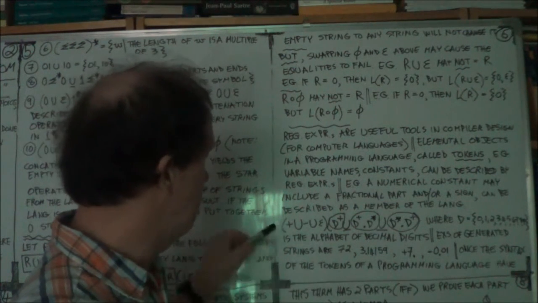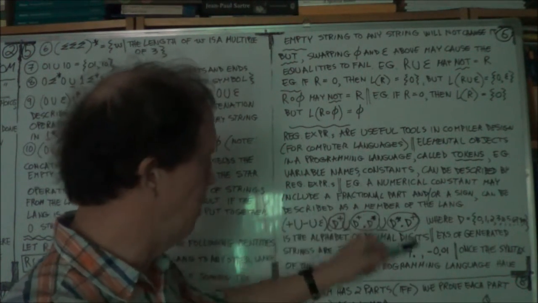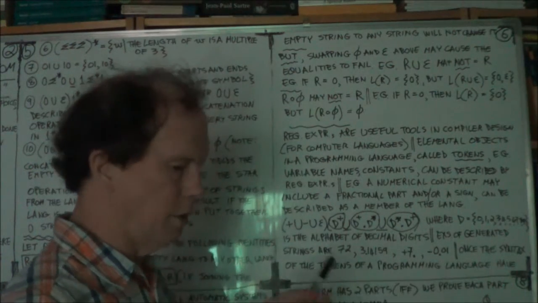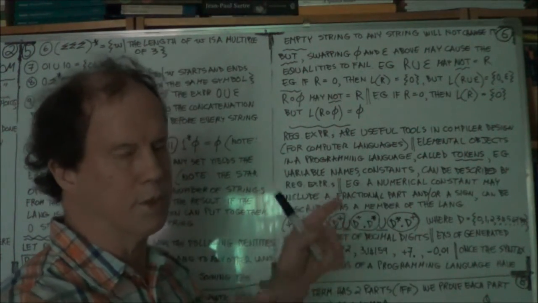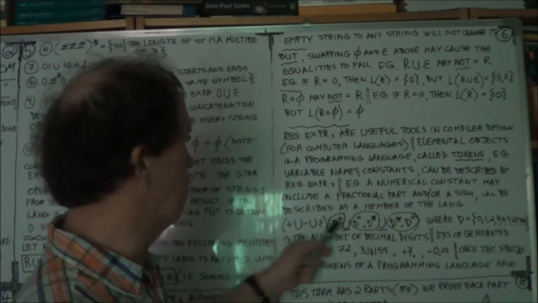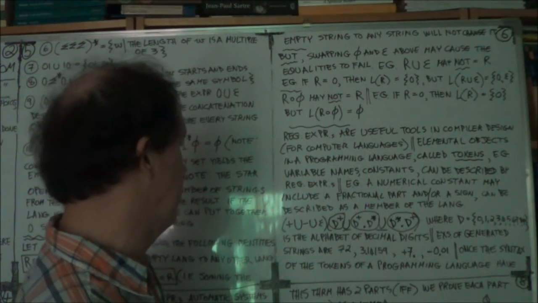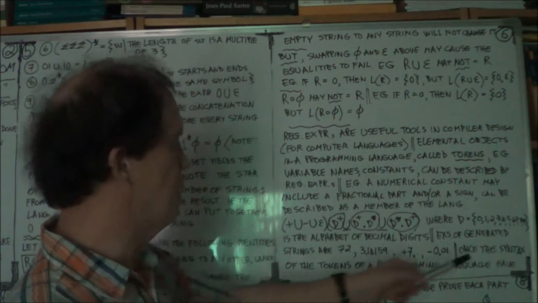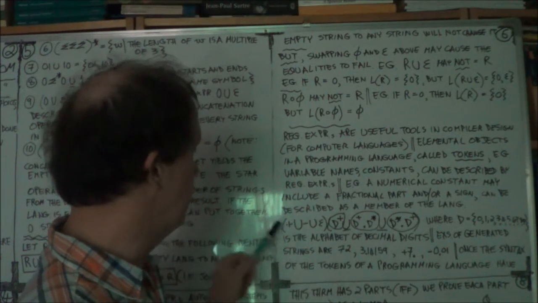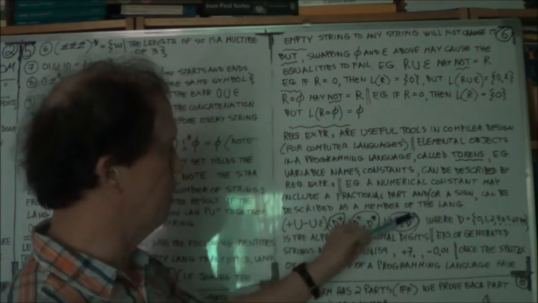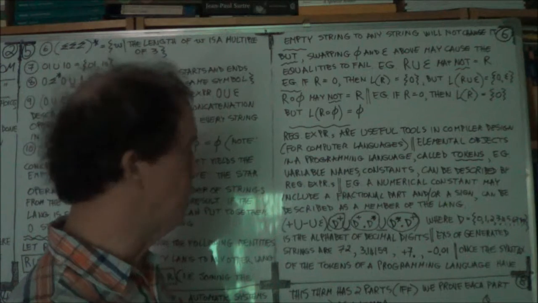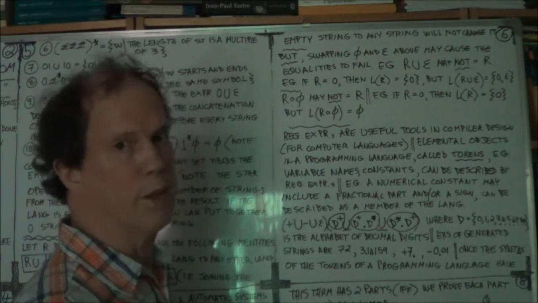Once you've decided the format, or the syntax as it's called, which symbols you use in your regular expression, so this would be the regular expression that corresponds to decimal numbers.